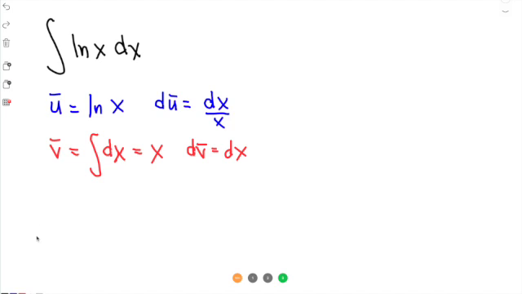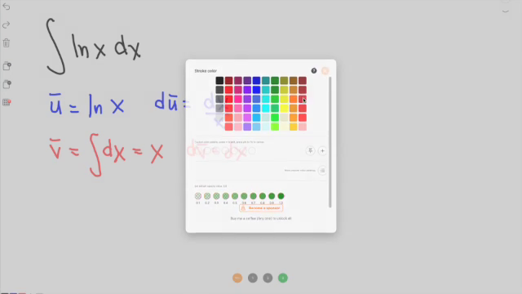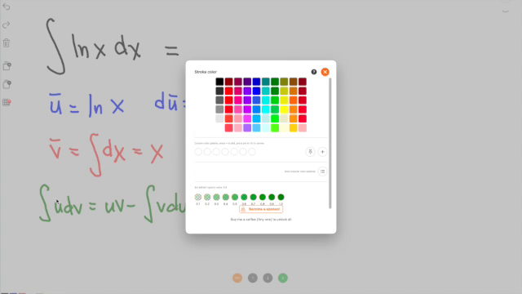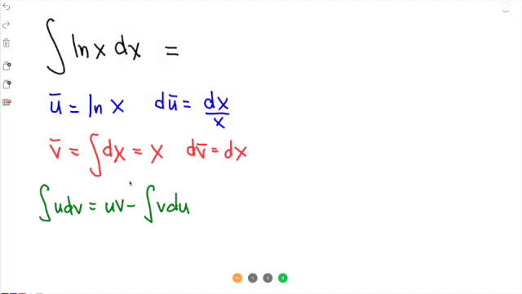So writing down again, plugging in our values for our integration by parts formula, that's u dv equals uv minus the integral of v du. Let me do that in this part here. So the integral of ln x dx would just be equal to u bar times v bar.